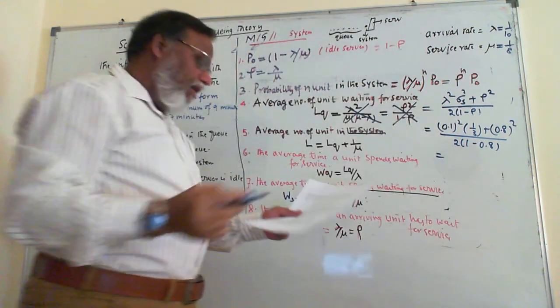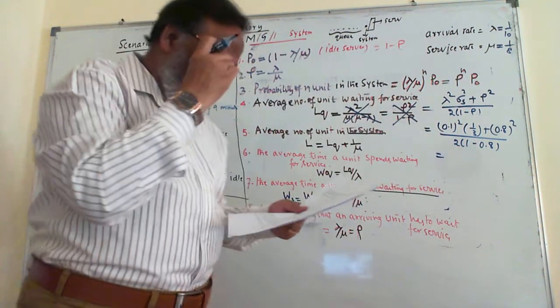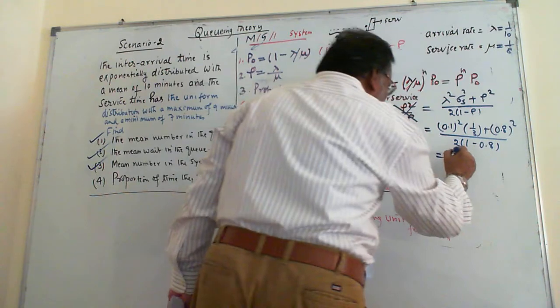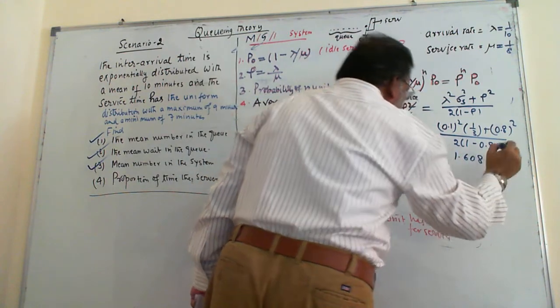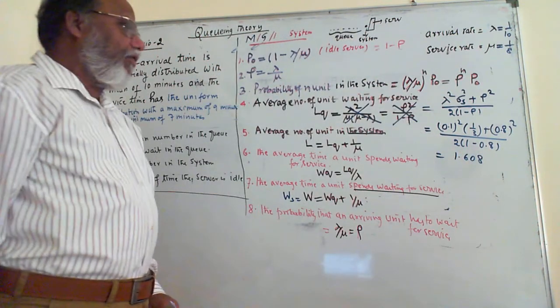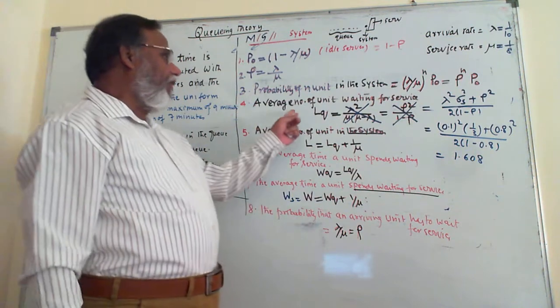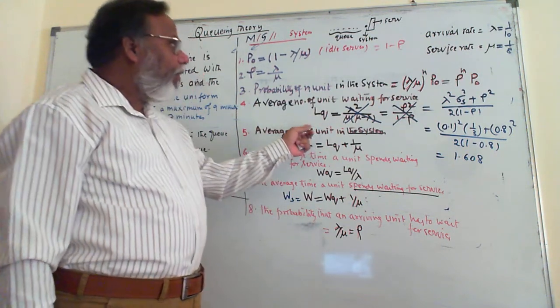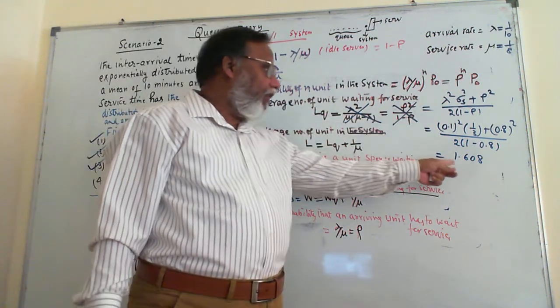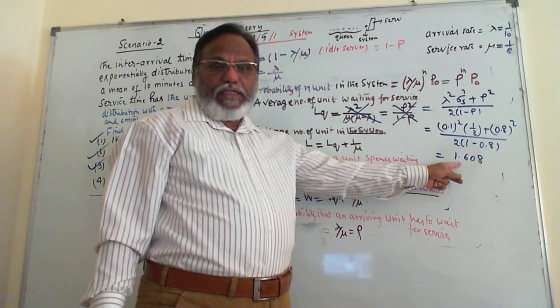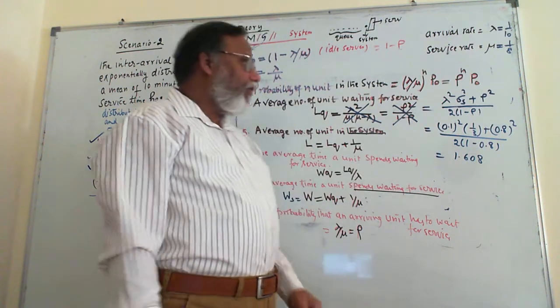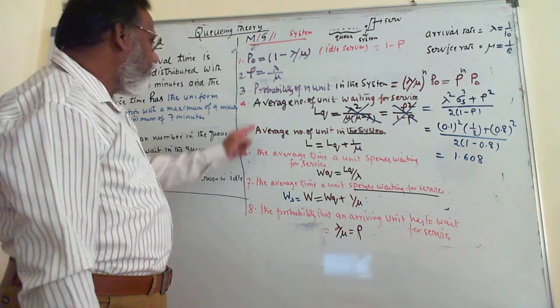This gives an answer of 1.608. So the average number of persons waiting in the queue for service is 1.608. This is your first answer.